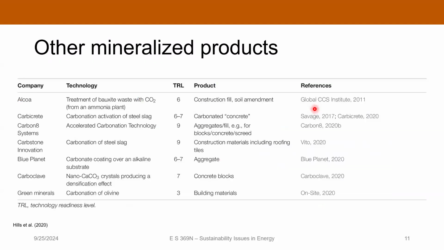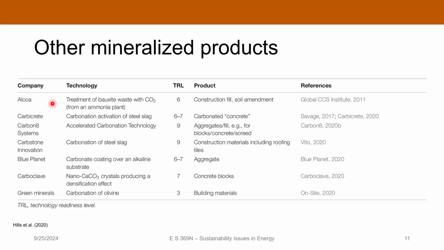All right. There's all kinds of other things that you can do with mineralization. Alcoa is using it to treat the waste that comes out of an ammonia plant, actually. So that's one thing you can do. There's this company called Carbicrete, which is looking at using it to activate steel slag.